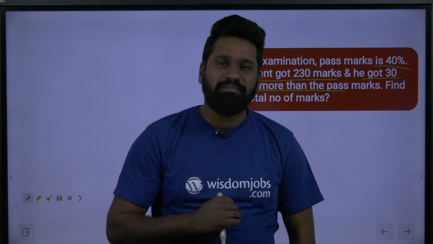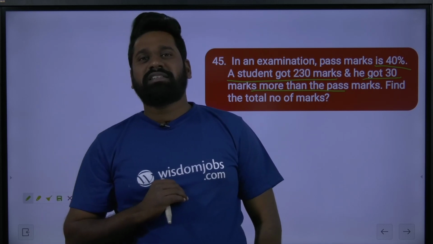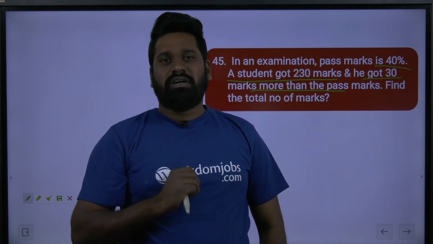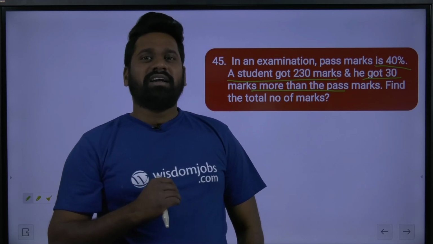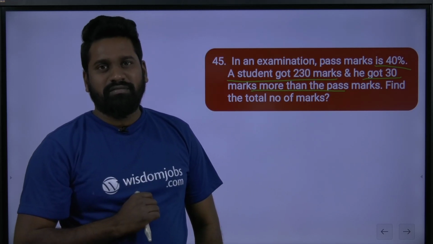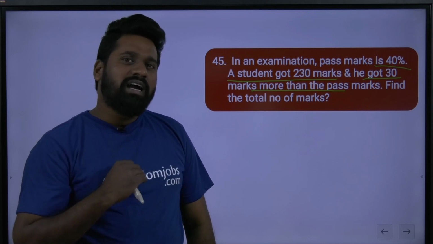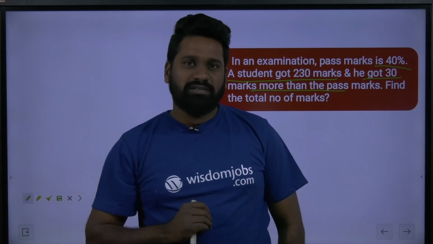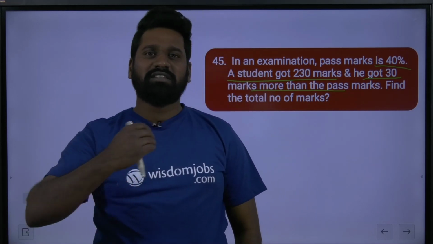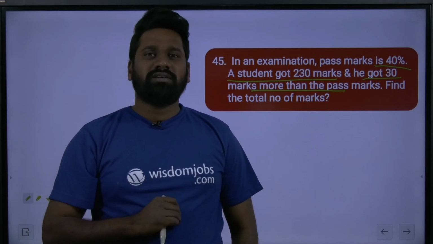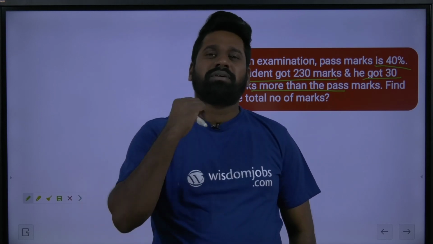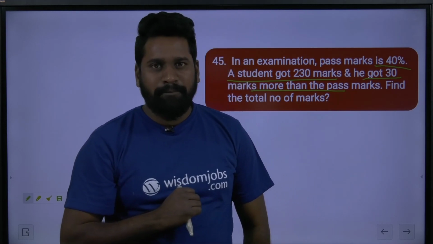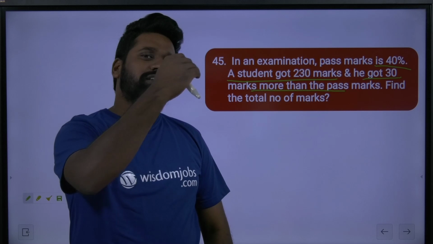Is it clear? For example, the pass marks of the examination you can take as 70 marks, and he got 100 marks, which indicates that he got 30 marks more than the pass. If you remove those 30 marks from his marks, you will get the pass marks of the examination. Here also the person got 100 marks, which is 30 marks more than the pass.